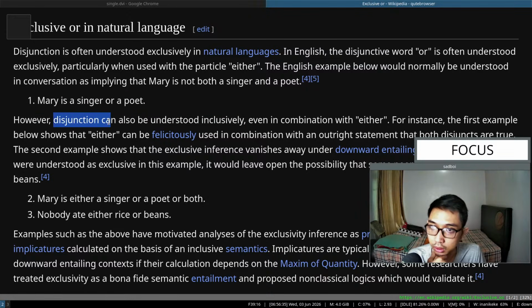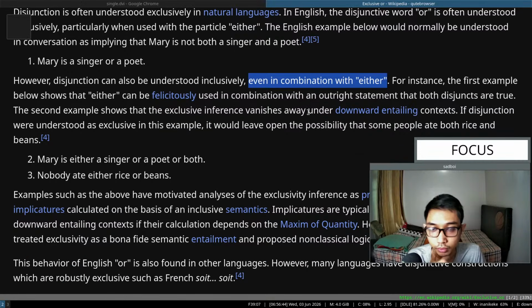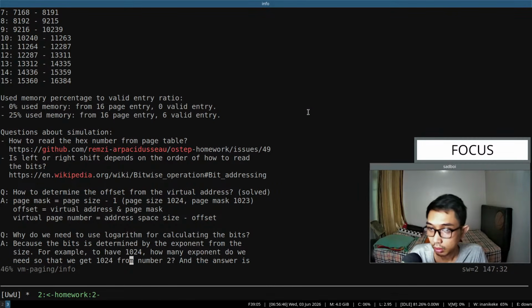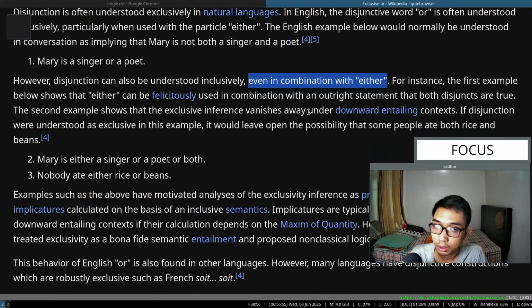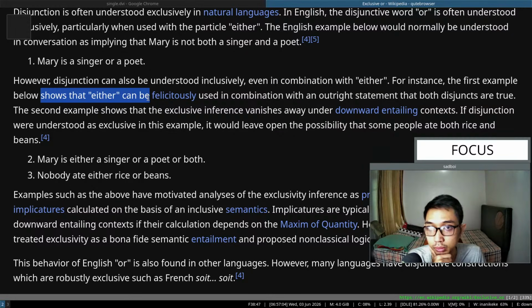However, this disjunction can also be understood inclusively, even in combination with either. Wait a minute. One or the other, but not both. Oh, okay. For instance, the first example below shows that either can be felicitously used.